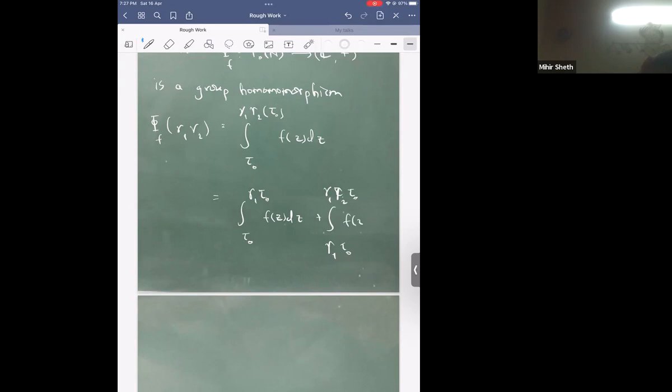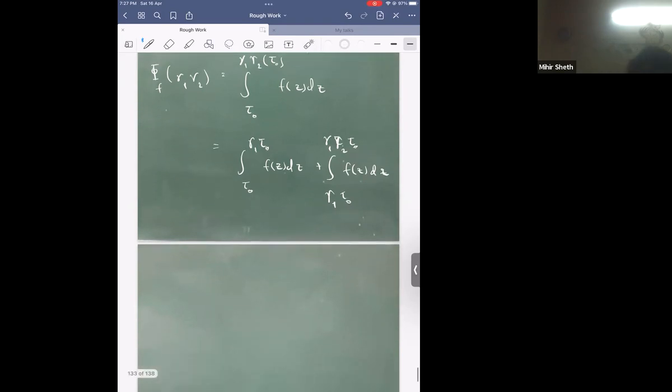But again, since fz dz is gamma invariant, the first part is tau 0 to gamma 1 tau 0 of fz dz, and in the second part I can just forget gamma 1 in both the upper and lower limits, and I get tau 0 to gamma 2 tau 0 of fz dz.